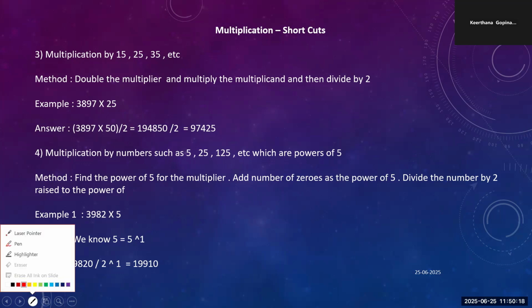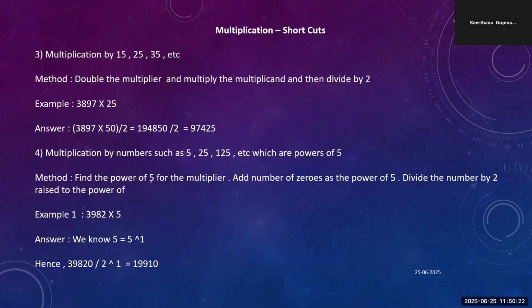No. What did you do actually? See, 5 cube. We are doing 3982 into 125, right? So you add 3 zeros to 3982. So it should be 3982 divided by 2.